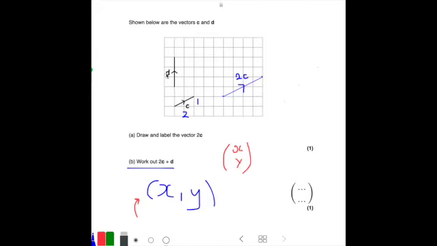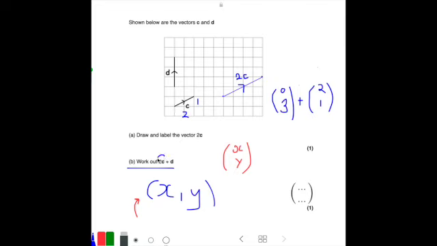So for D, we're going to go 0 places in the x direction and 3 up. Did I say 4 before? I meant 3, sorry, 1, 2, 3. And then for C, we have 2 and 1. So we've got 2 places in our x direction and 1 up.